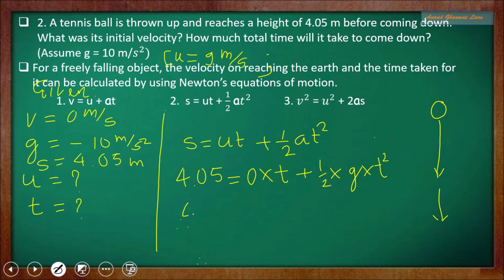Therefore 4.05 is equal to 0 into t, that is 0, plus 1 half into 10. Why are we using positive 10 here? Because the ball is coming down, so direction of ball is to the center of the earth, means in the direction of acceleration due to gravity. So value of g should be taken as positive, into t square.